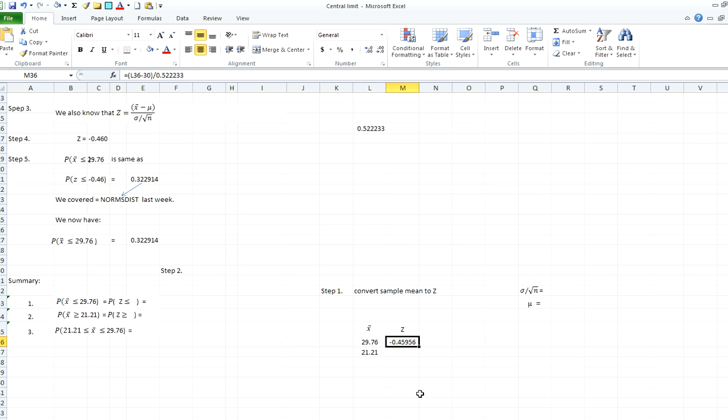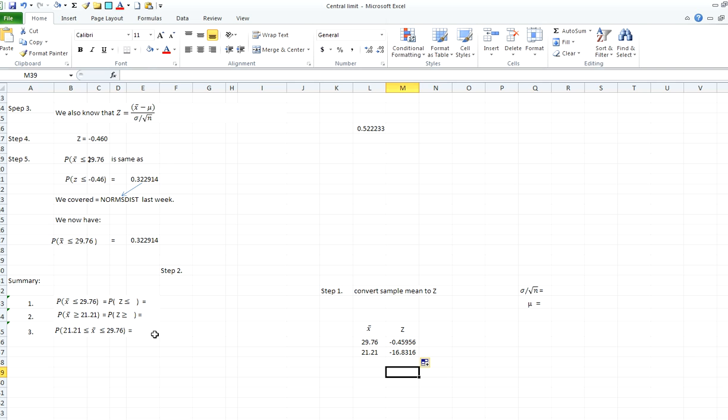Now you can see the formula easily right there: the mean divided by the standard deviation of the sample mean. So now I can just drag and drop, and I got both of those numbers.